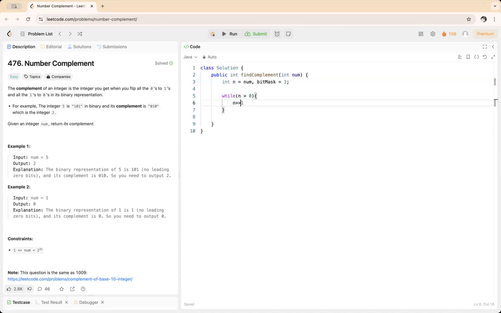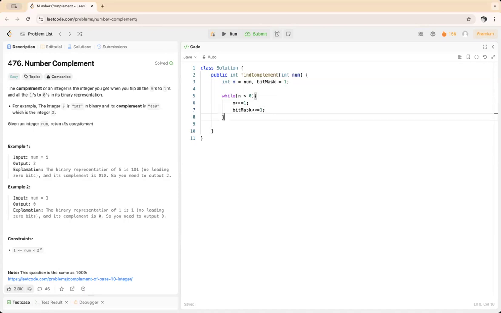And the same number of times, we'll be doing left shift of this bit mask. So left shift is the same as multiplying by 2.